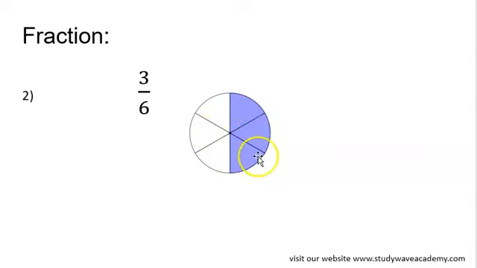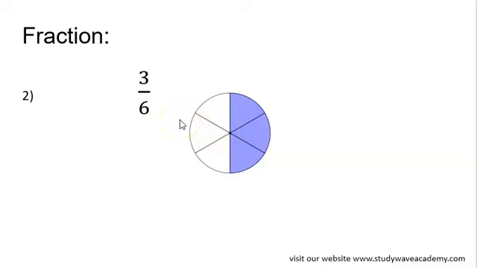We have 3 shaded parts, and the upper number, which is the numerator, represents the shaded parts. So our numerator is 3 and our denominator is 6 because the denominator represents the whole object that is divided, and our circle is divided into how many parts? 6 parts. Okay, you understood that, right?